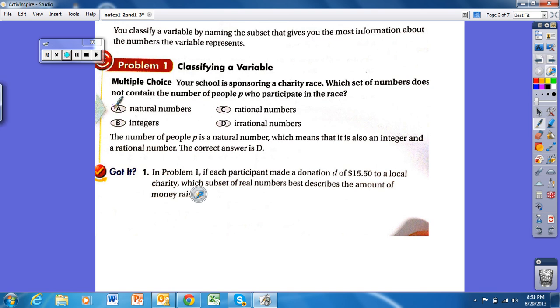So the natural numbers is definitely a solution. But the set of integers contains the natural numbers, and it says which set of numbers does not contain the number of people. And the set of rational numbers also contains the set of natural numbers. The only answer here that does not contain the set of natural numbers is a set of irrational. So your answer would be D.